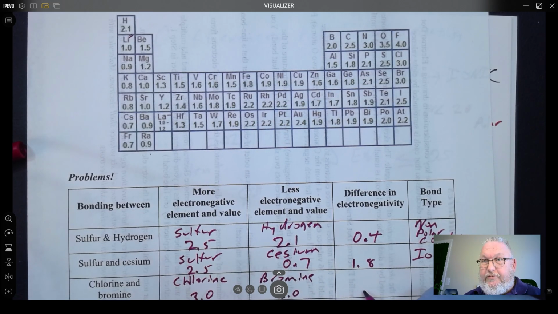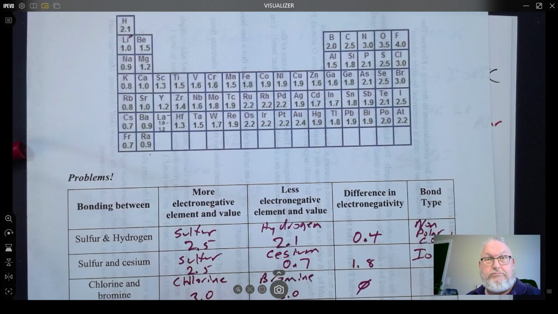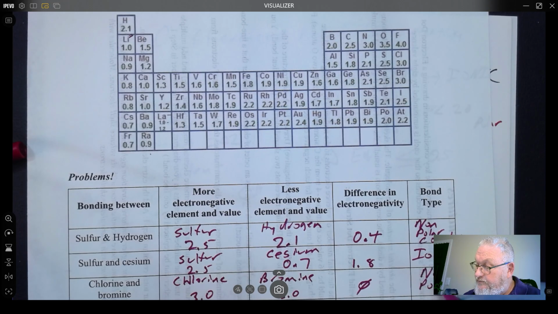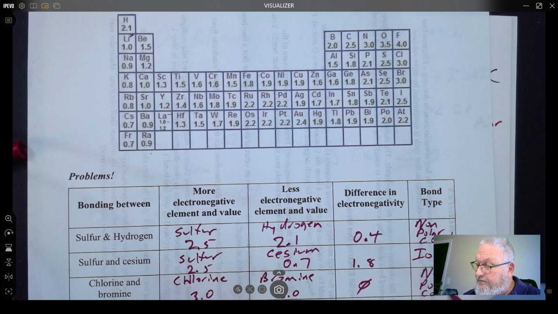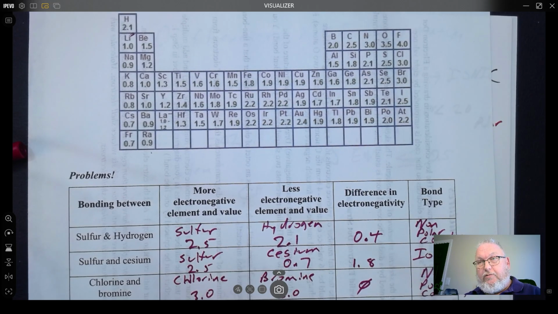So your difference there would be 3.0 minus 3.0, 0. So that is less than 0.5? Yes, it is. So I'm going to call this a nonpolar covalent. And what that means is that the chlorine-bromine bond, they're going to share those electrons pretty much the whole time. Okay? So anyway, this will get you going.